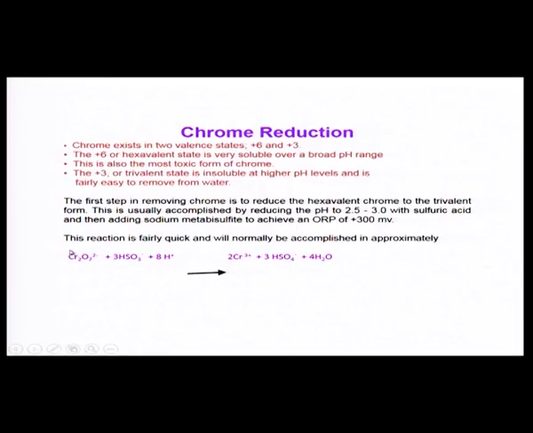What is the amount of sodium metabisulfite required to convert this hexavalent chromium into trivalent chromium as per the stoichiometric equation? So, 1 mole of dichromate actually consists of 2 parts of chromium, which we have to bear in mind, and 3 moles of bisulfite is required for each mole of dichromate.